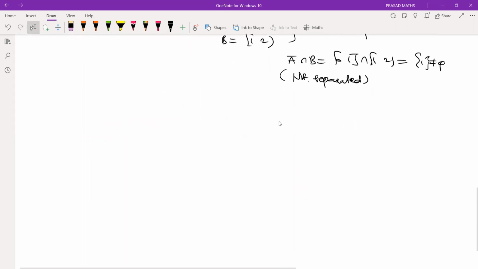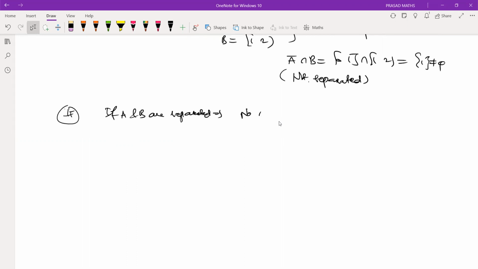Right? The second property about separated sets: if A and B are separated sets, then no point of A is a limit point of B. That means the derived set of A intersection B is empty, and the derived set of B intersection A is also empty. Why?